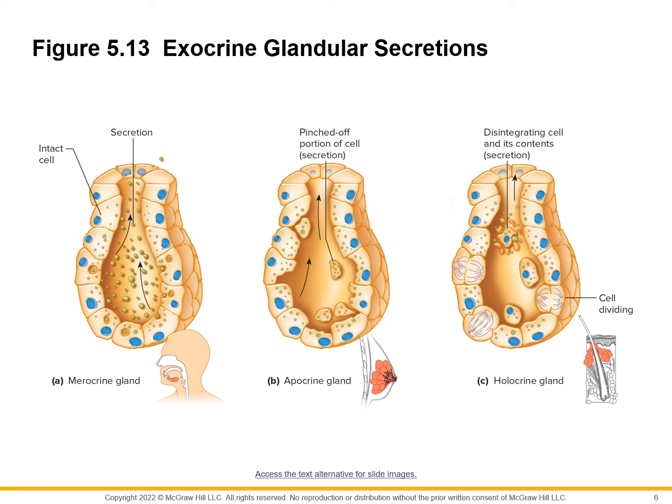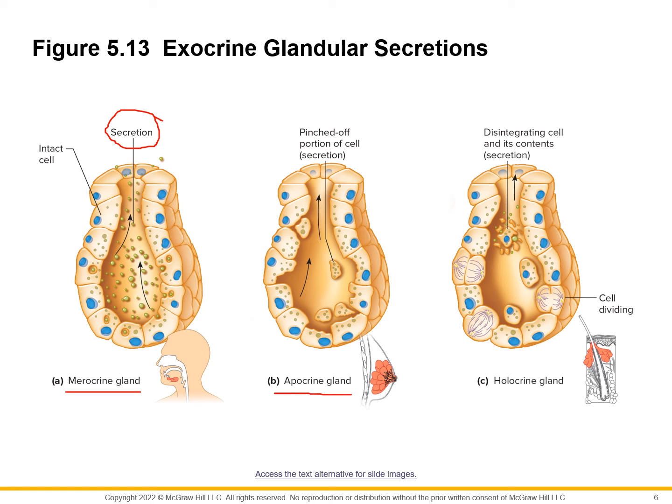And finally, we name the gland by what happens to the cell when it releases its secretion. If the cell only secretes the secretion and there is no cell damage, it's called a merocrine gland.